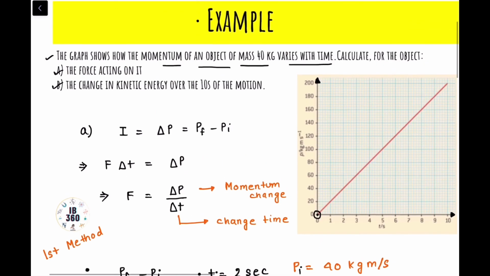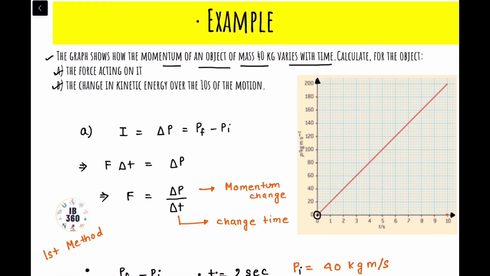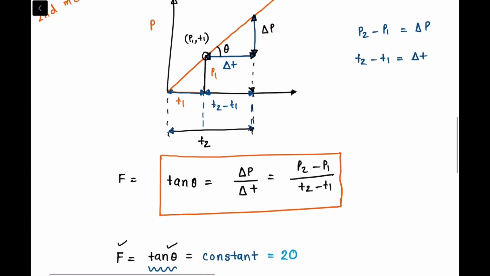Now if I find at t equal to 10 second, what is the value of this momentum? 200, right? So that means at t equal to 10 second, momentum is how much? 200, right? So our velocity will be how much?